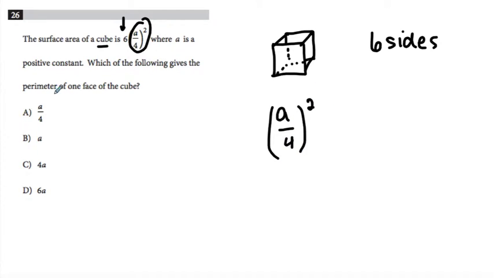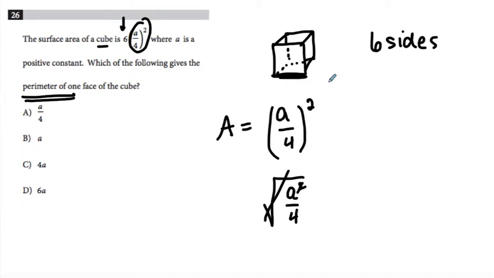But I need the perimeter of a face, so I first need to find a side of the face. Well, if the area is a over 4 squared, then the side would have to be the square root of that. So the square root of a over 4 squared means each side length would be a over 4.